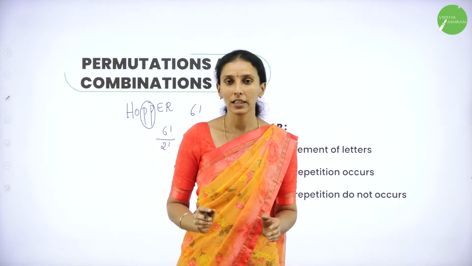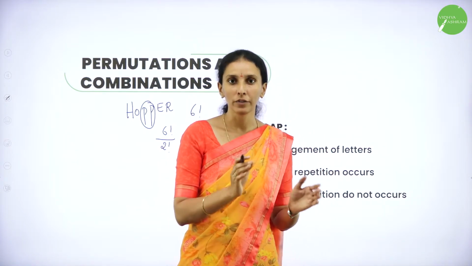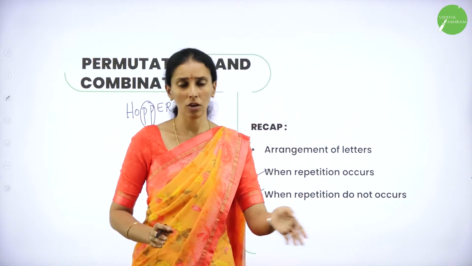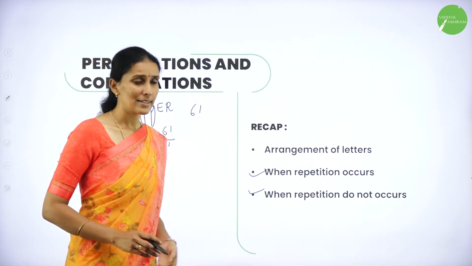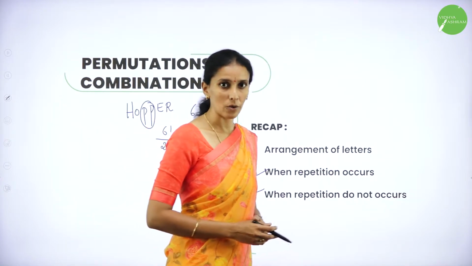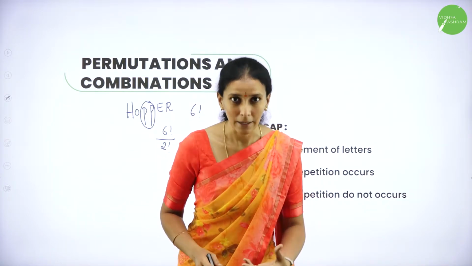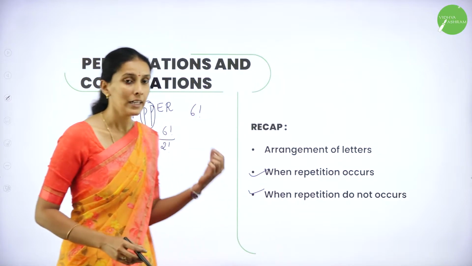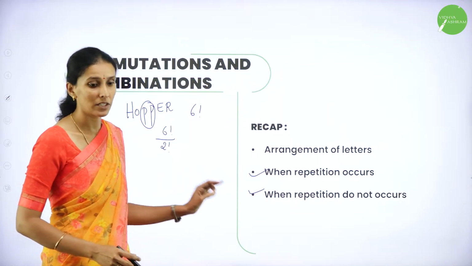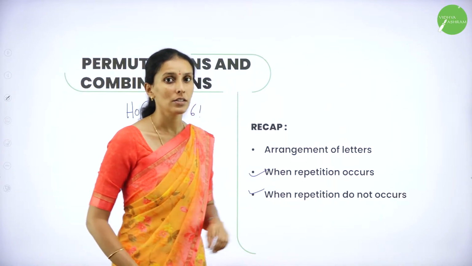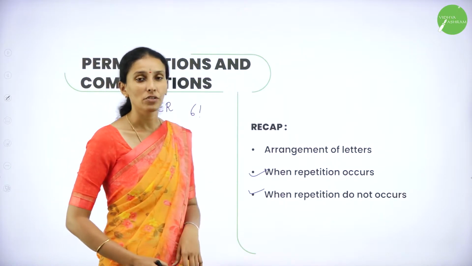When arranging the alphabets to form different words, with or without meaning, when letters are different and there are n letters, we can directly write n factorial. But when letters are repeated, you have to divide the total permutation by the factorial of how many times each letter is repeated. So this is what we learned in the previous session.